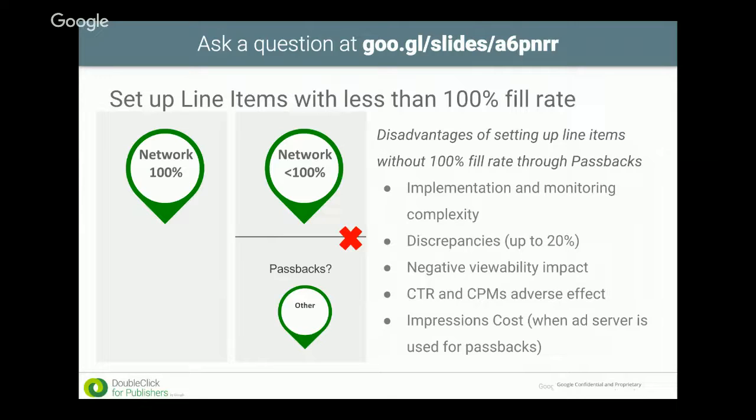Usually, we do recommend setting up the secondary ad network as a network priority line item with 100% goal, which means that 100% of ad requests are eligible for this network priority line item. Then, typically, we do recommend setting up the rate for the network priority line item at the rate which you can see in the third-party network's UI.